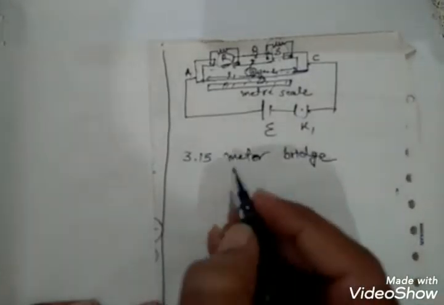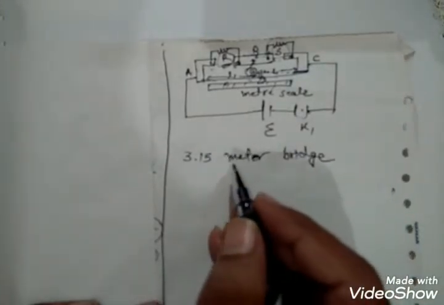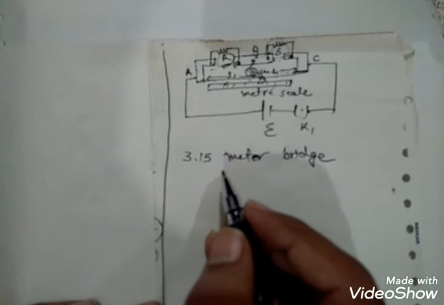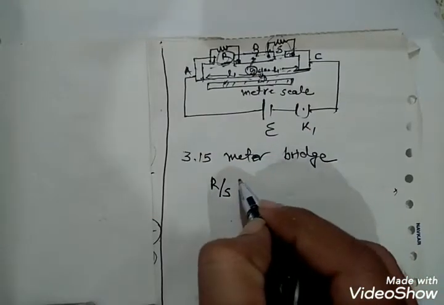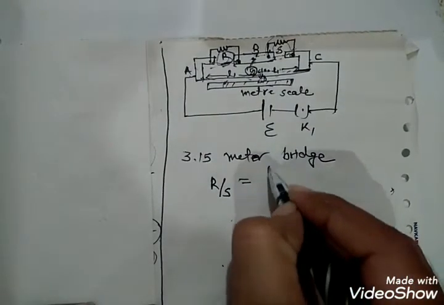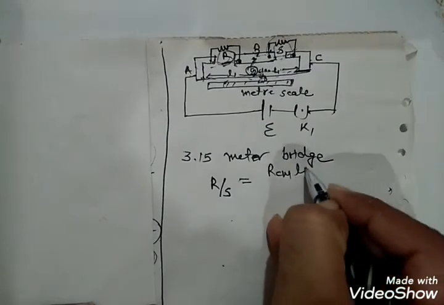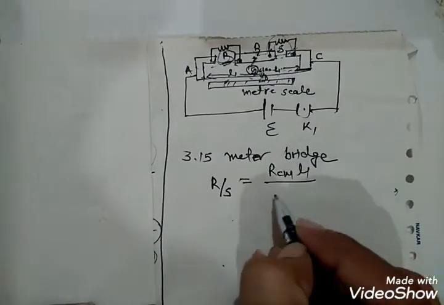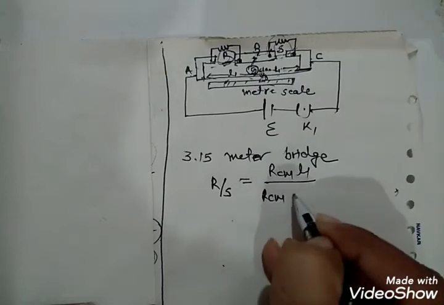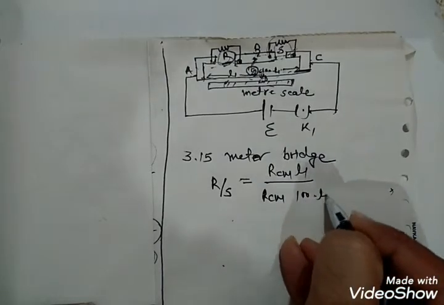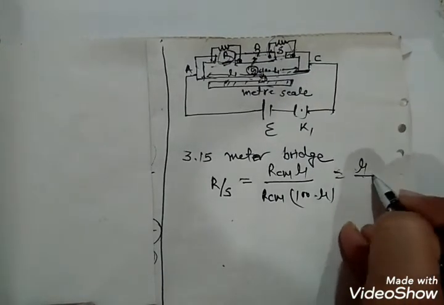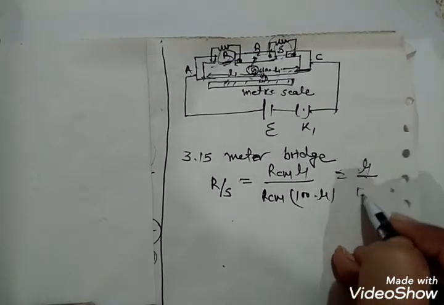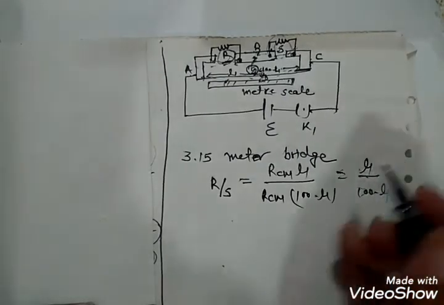So the equation in the balance condition: R upon S is equal to r centimeter into L1 upon r centimeter into 100 minus L1, which is equal to L1 upon 100 minus L1.